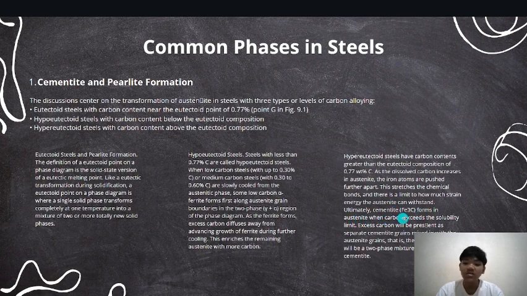Ultimately, cementite forms in austenite when carbon exceeds the solubility limit. Excess carbon will be present as separate cementite grains mixed in the austenite grains. That is, the microstructure will be a two-phase mixture of austenite and cementite.